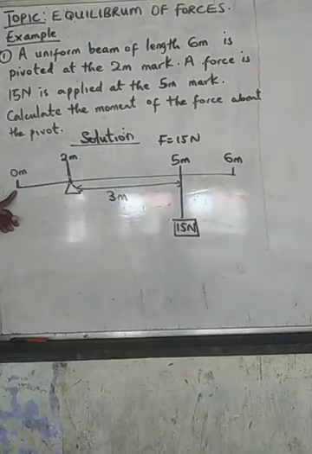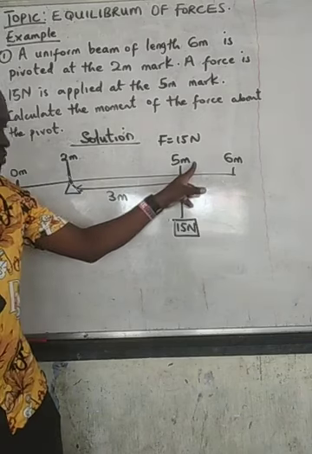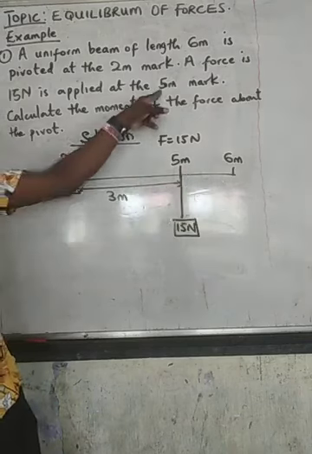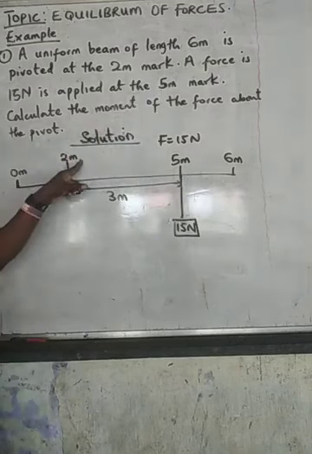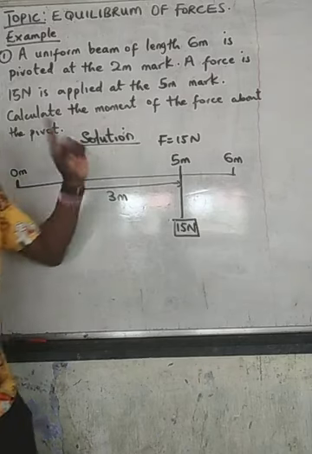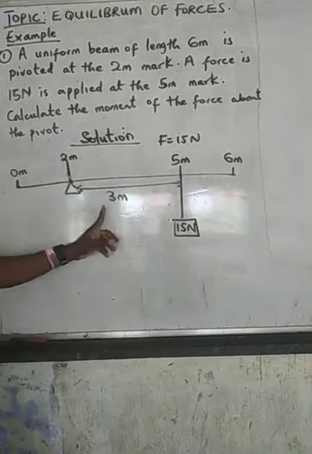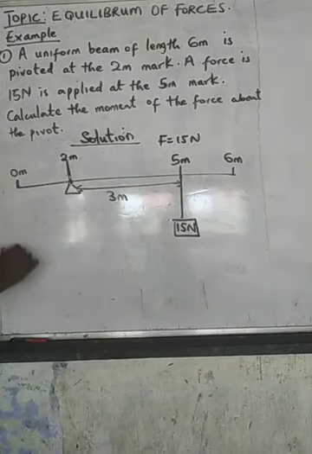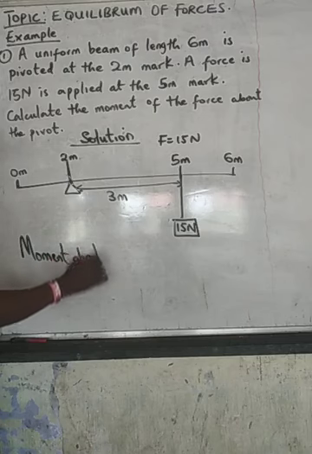Again, from the 0 meter mark down to the 5 meter mark is 5 meters, according to the question. From here to where the beam was pivoted is 2 meters. So automatically from 2 down to 5 will be 5 minus 2. That gives 3. Now I want to calculate my moment about the pivot.